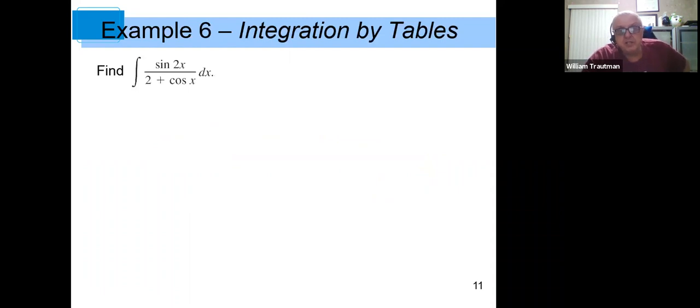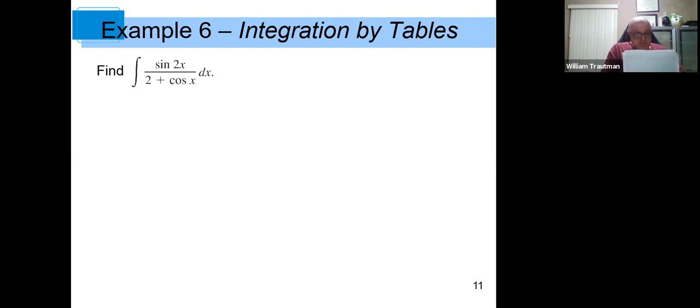Okay, so here's a problem. It says example 6, integration table. Well, if I go to my integration table, I don't see anything that works here. Sometimes you will go to your integration table where I see a sine on top and a cosine on the bottom.